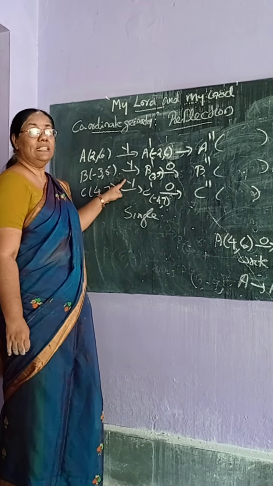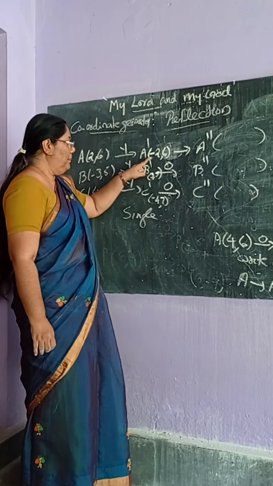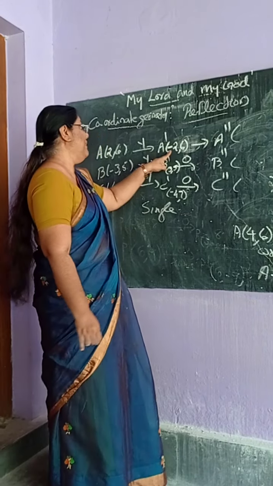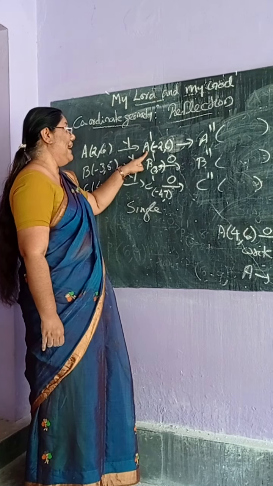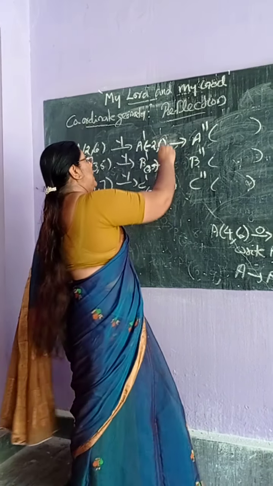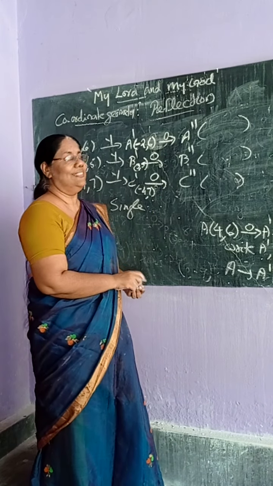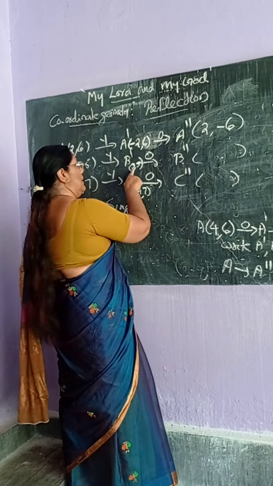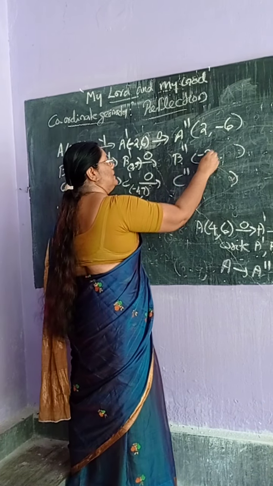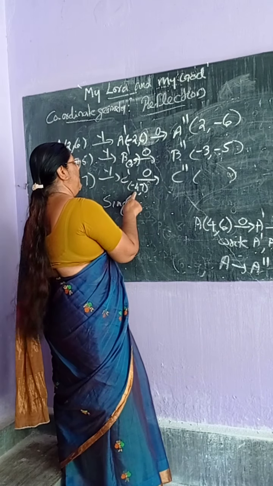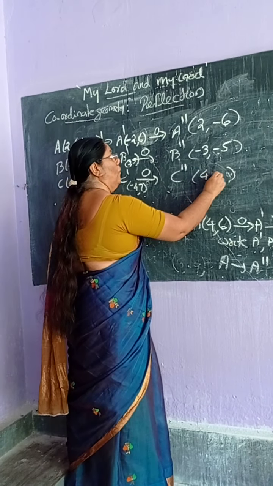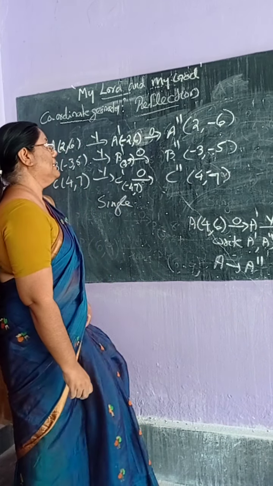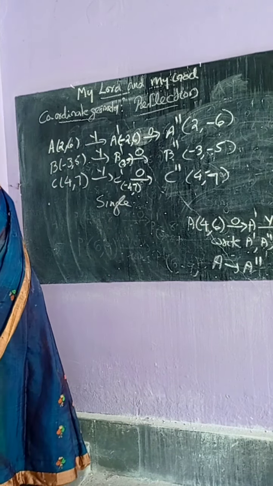Next is through the origin. Origin means both the coordinates change their sign. Therefore, (-2, 6) changes to (2, -6), (3, 5) changes to (-3, -5) and (-4, 7) changes to (4, -7). Look at (2, -6), (-3, -5), (4, -7).